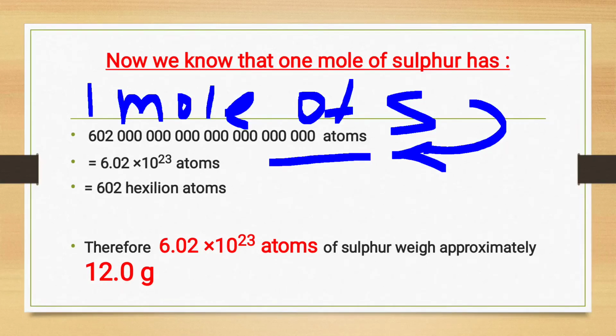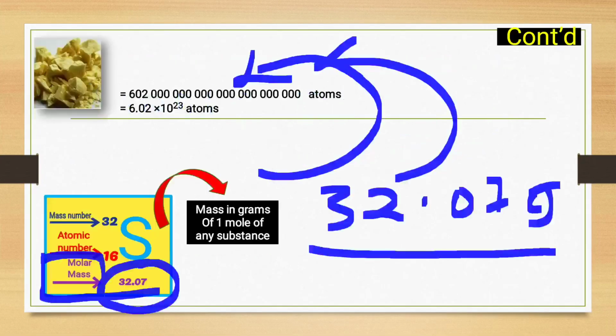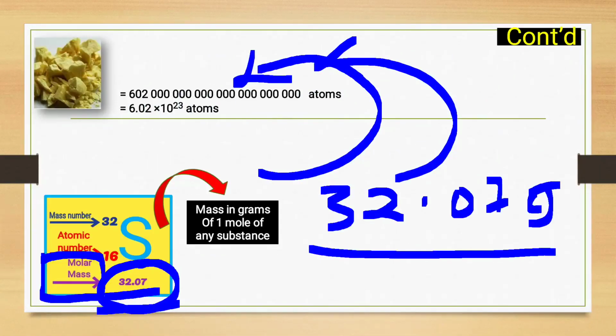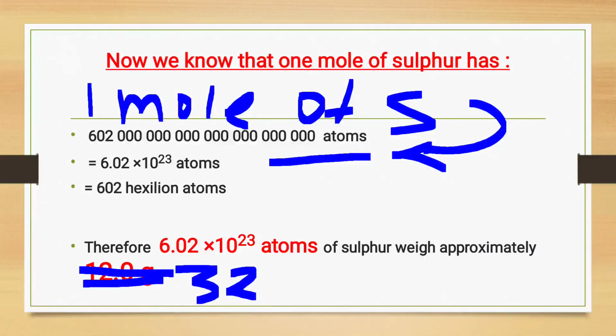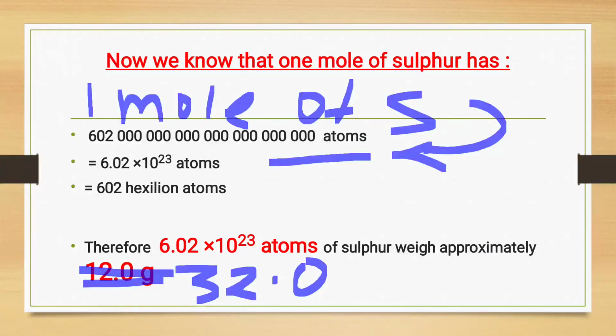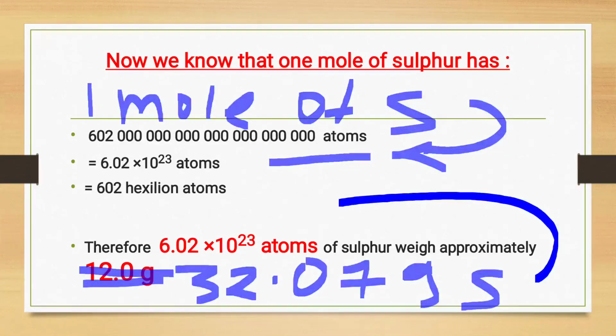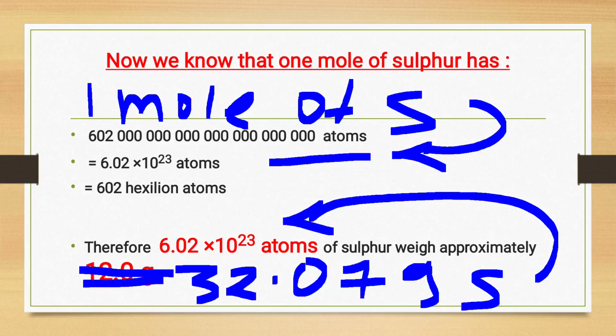And from the foregoing, because we know that the molar mass of sulfur is 32.07, we know that 32.07 grams of sulfur contains 6.02 times 10 to power 23 atoms, which is 602 sextillion atoms.